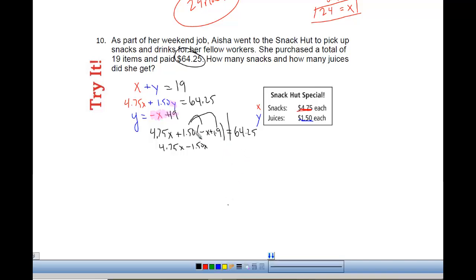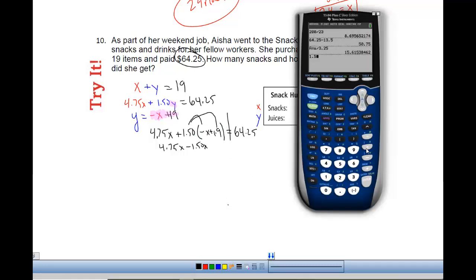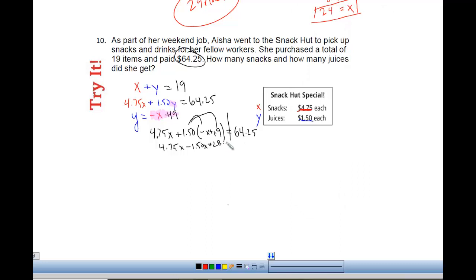So I got that $1.50 times 19, 1.50 times 19 is 28.50 equals 64.25. Okay, so let's go ahead and combine those back again. So 4.75 minus 1.50, that's going to be 3.25. And then we subtract the 28.50. Let's make sure we don't make another error here.